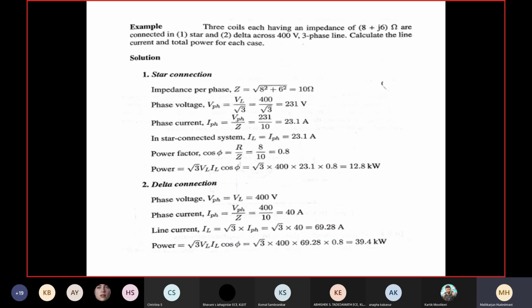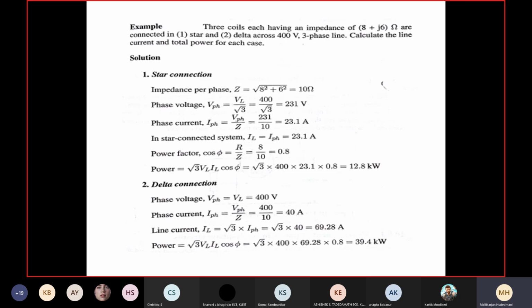Then what about the line current? In case of delta connection, line current is equal to root 3 times phase current. You will see root 3 into 40 becoming 69.28. So you can see here the current is so large by value and voltage is also 400.